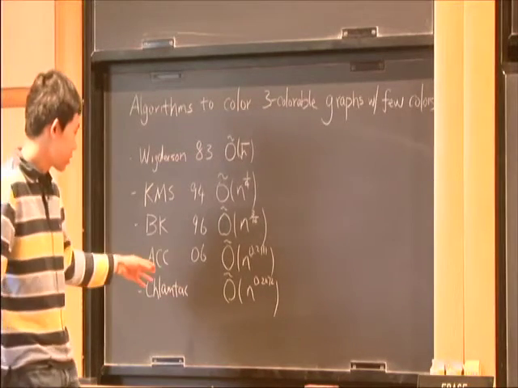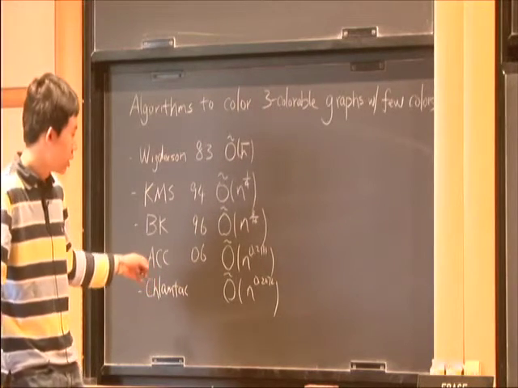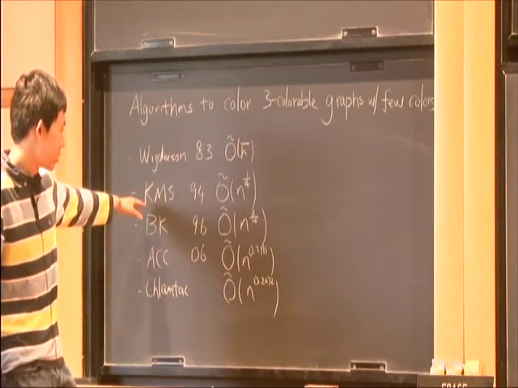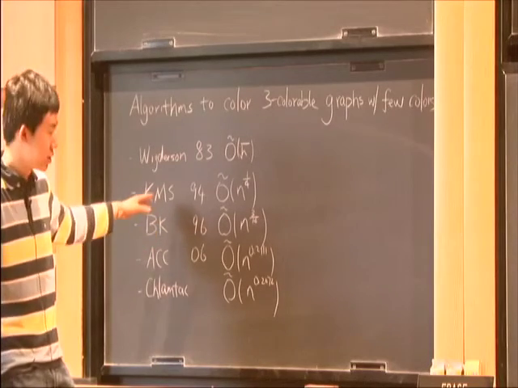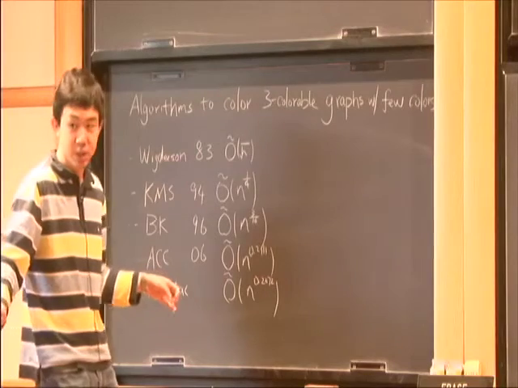Until 2006, Sanjeev, Moses, and Eddie gave a new algorithm that is actually the same as KMS and Blum-Karger, but they used a better analysis of the SDP.